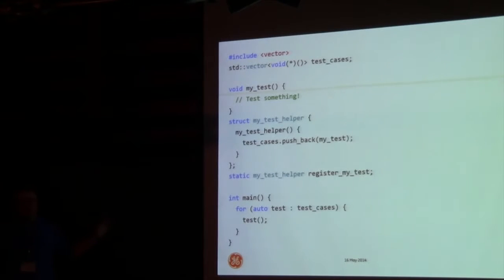This works great for this case. When globals are initialized, the order of initialization in one translation unit is top to bottom. So test cases will be initialized first, then register test will happen after the constructor for test cases, and everything works, it runs, everybody's happy.